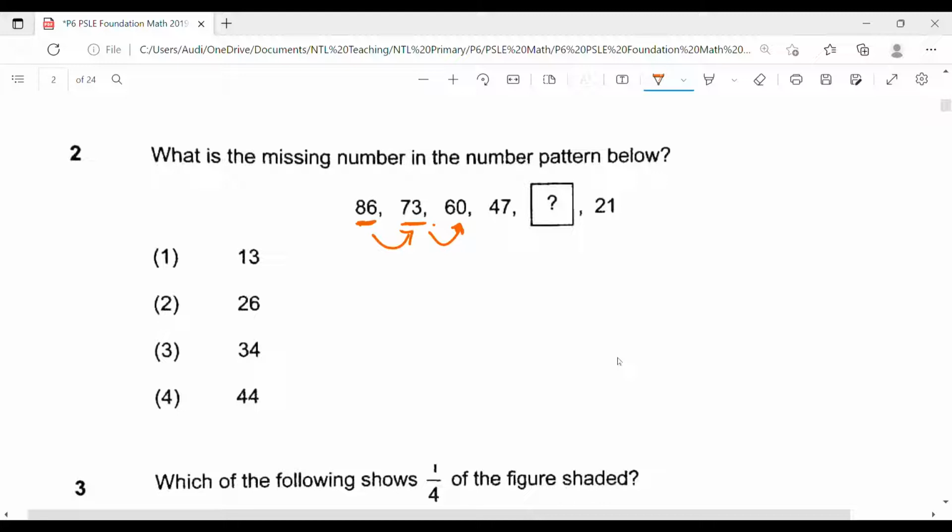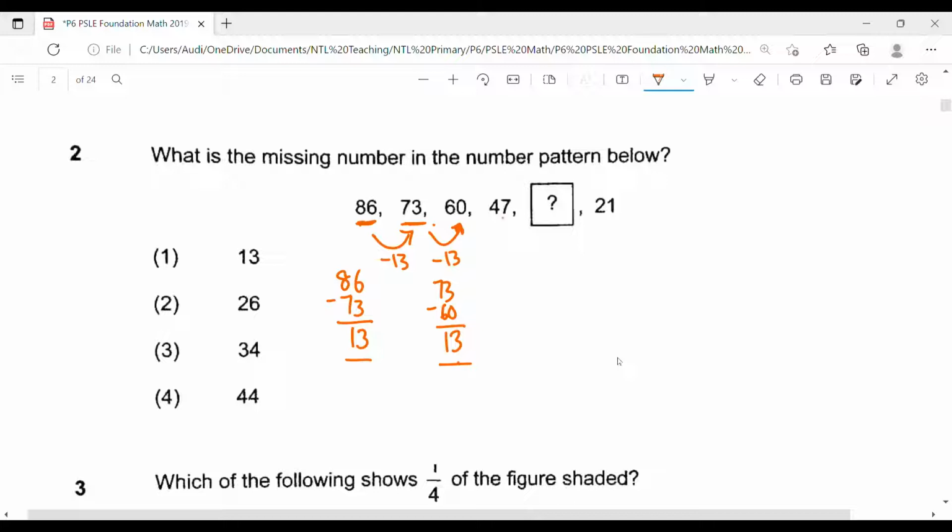We want to know it's getting smaller by how much. So we take 86 minus 73 and we get 13. So we know this is minus 13. Now we test 73 minus 60. We still get 13. Good. So we know that the decrease is by 13.